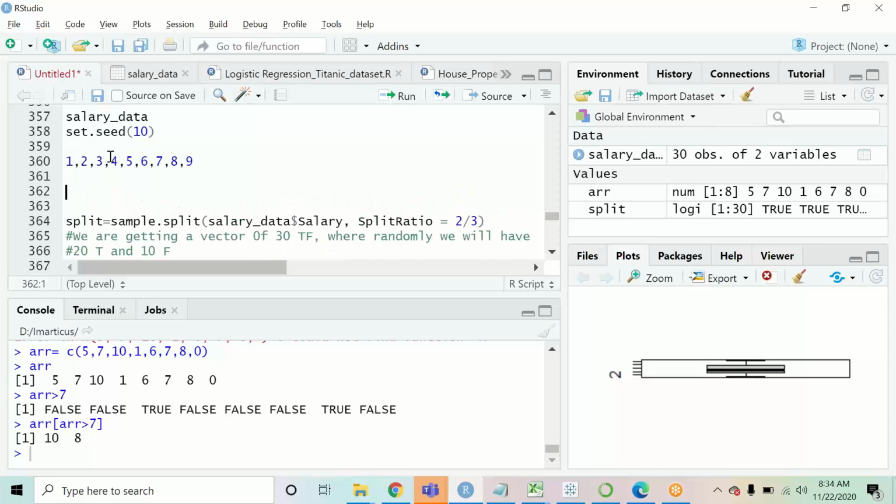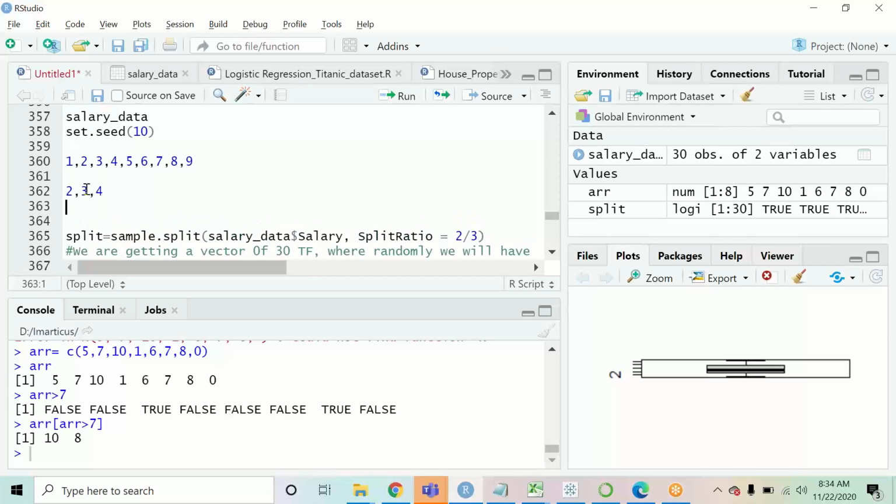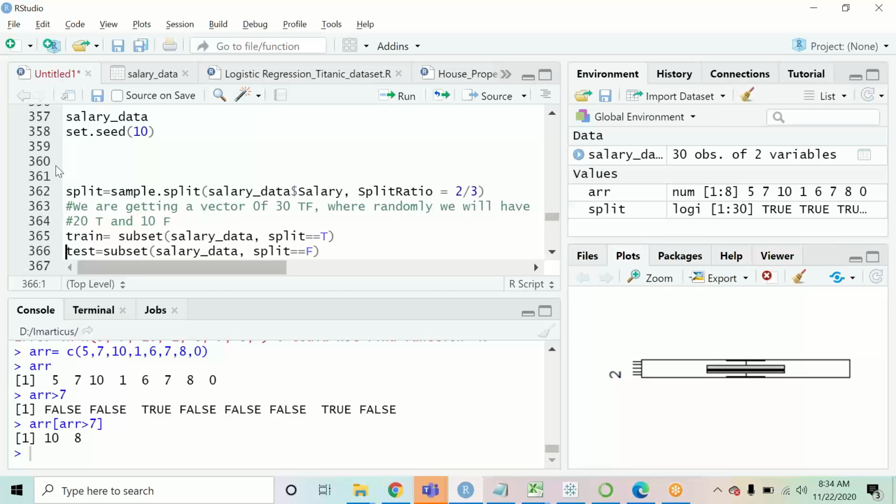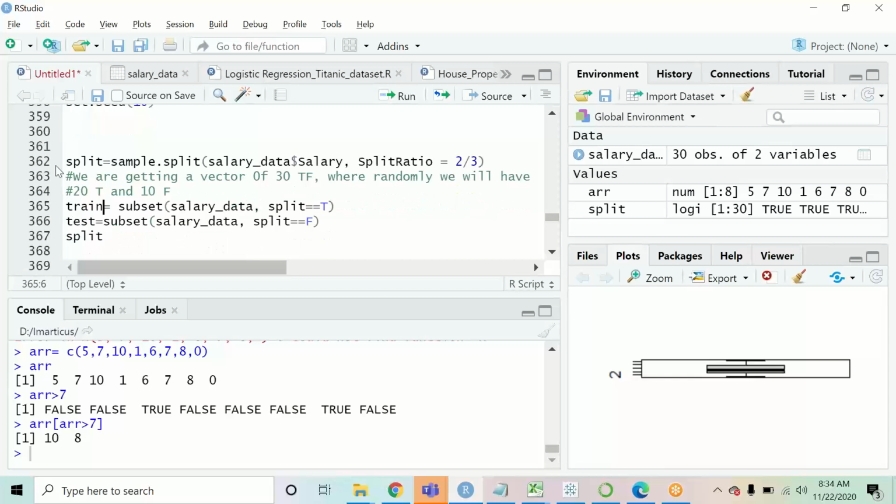What you will do is pick up 3 numbers from here, correct? Someone will pick 2, 3, 4, someone might pick 5, 6, 7, right? So that is what a subset is. The same thing is what we are defining in the code as well. So I am saying I will create one data set by the name of training.